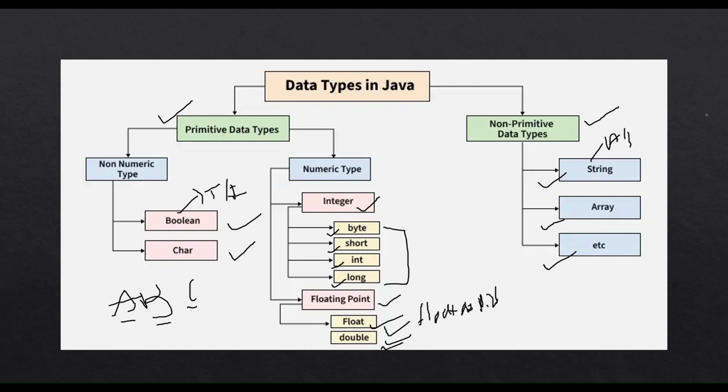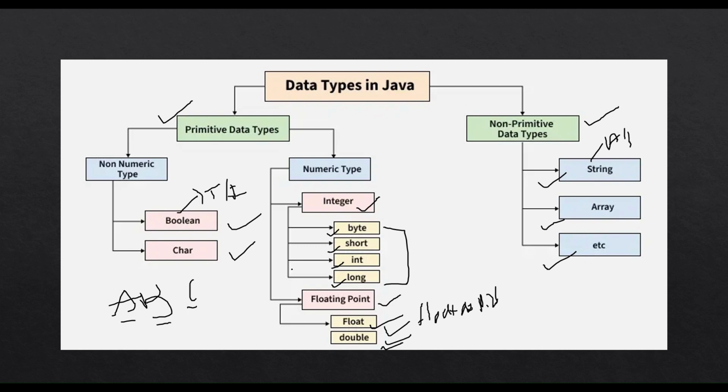And array is a memory location or data structure that allows storing identical or homogeneous elements in a sequential manner. These array and string are the important part. We will cover them in the next 5 to 6 videos. We will cover array and string, and these are very useful data structures in your DSA.